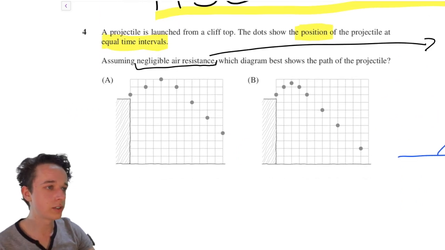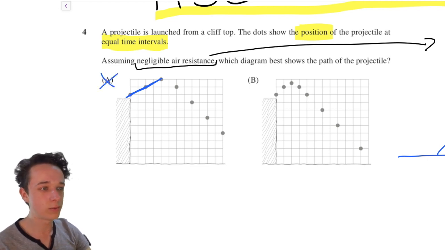So the first option here to consider, from the first point to the second point, we have a gradient of a half because the rise is 1 and the run is 2. That's the same thing here. We have a gradient of a half here as well. So there's a straight line between these points. That doesn't happen on a parabola, so we can exclude option A.